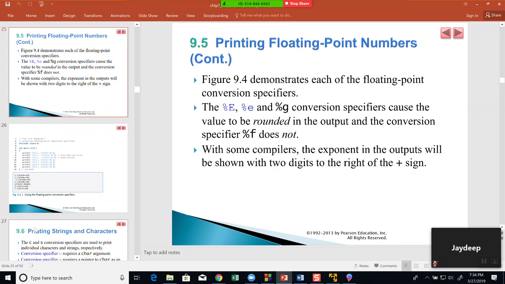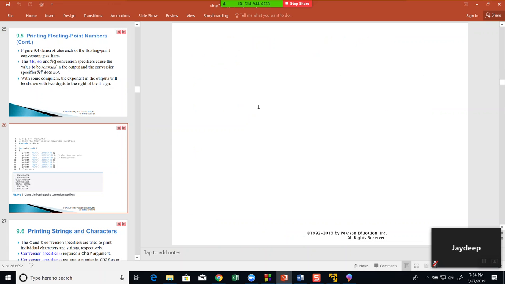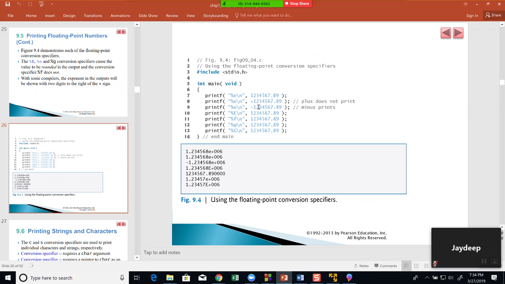Big E, little e, and G cause the value to be rounded in the output, and the conversion specifier %F does not. That was the one where, remember, it took it to 6 decimal places? It rounded it. And this shows, these are probably the best. If you look in the book and you look at these figures here and the output, that'd give a good idea of figuring out which one should you use type of deal.